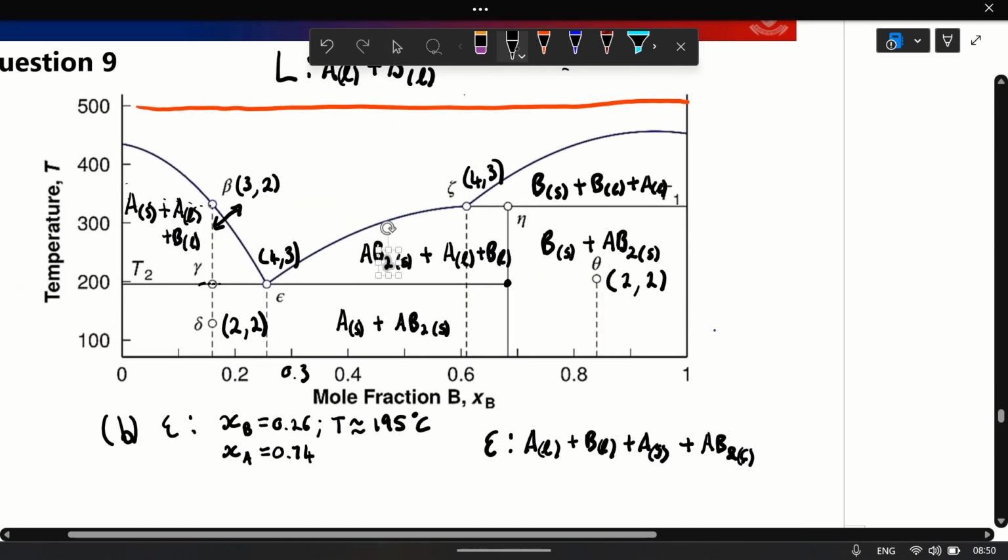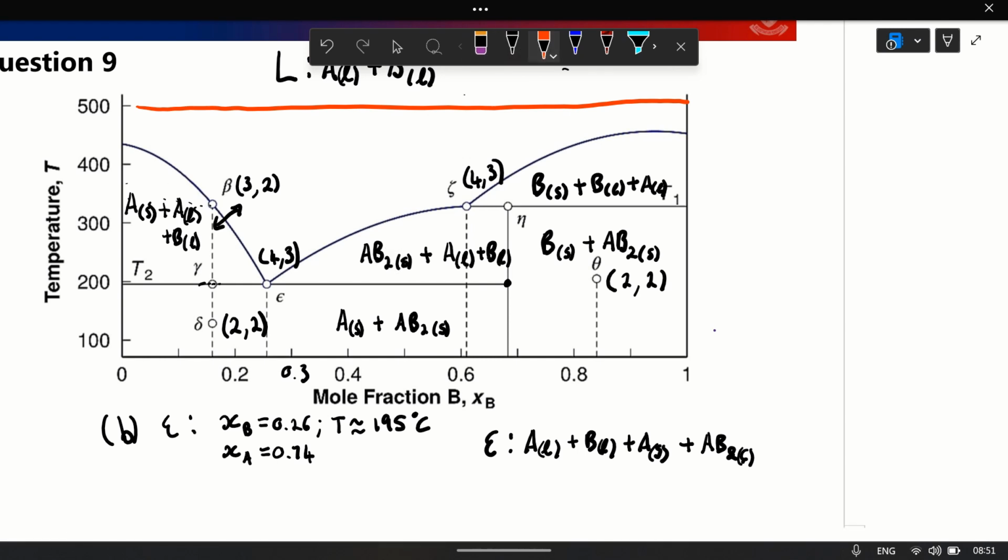So 370, I would judge that to be around about there, give or take.